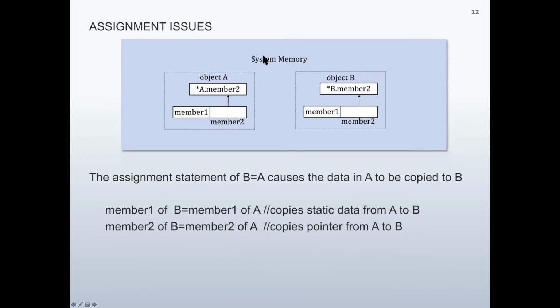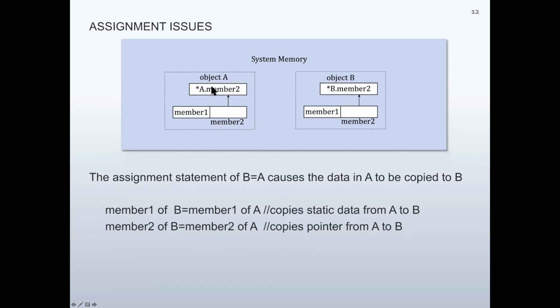Suppose that in the system memory, we have an object A, and we have member 1 for the object A, and member 2. Member 2, in fact, is a pointer to a dynamic object, and this is the object pointed to by member 2 of the object A. Here on object A, we are considering the data member 2.